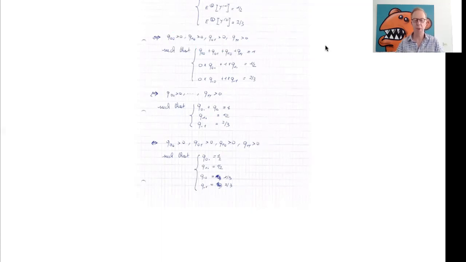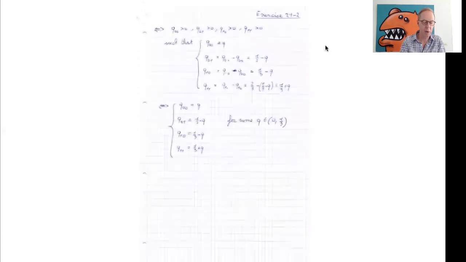So in order to work this further out, let us look at all Qs which are strictly positive, such that Q00 is, let's call it, Q. Once we know Q, we know all the other probabilities: Q01, Q10, and Q11 are functions of Q. Now we have to ensure that all our Qs are strictly positive.